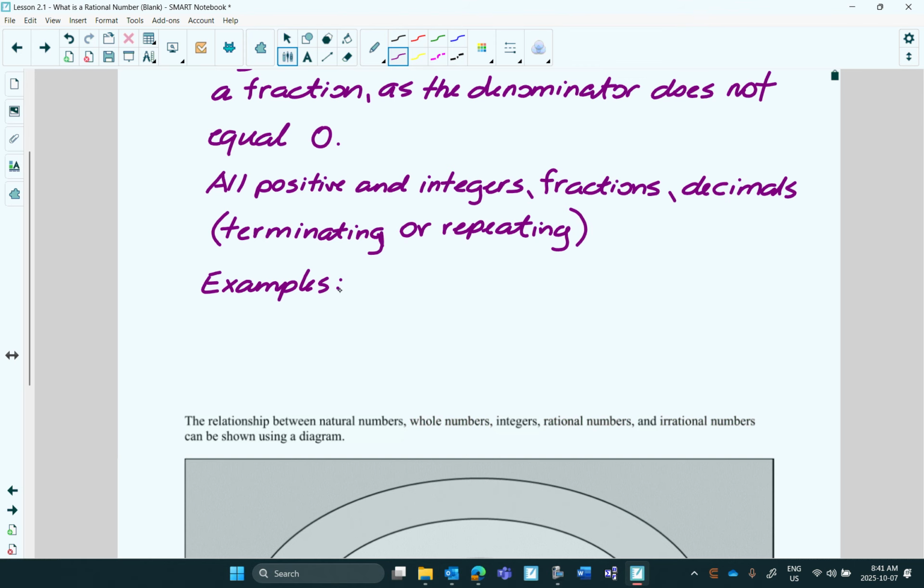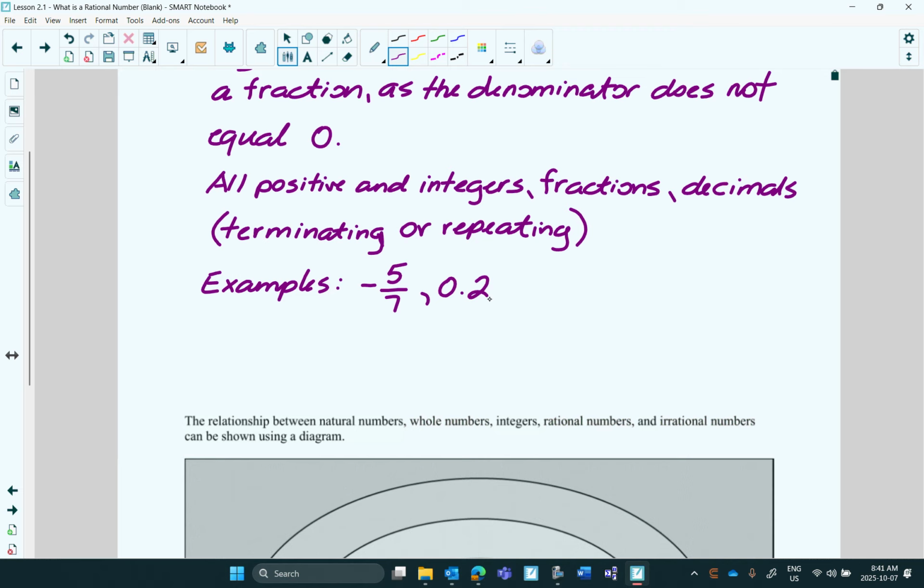So, examples. Well, any fraction. So, -5/7. Why is that a rational number? Because you can write it as a fraction. 0.2.